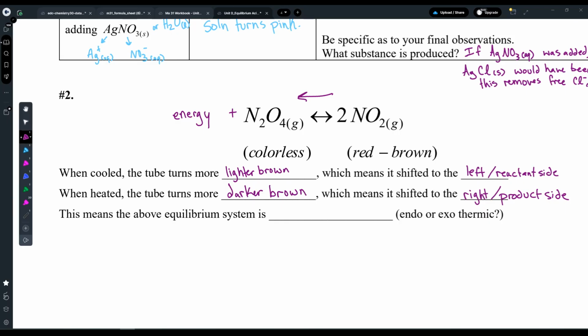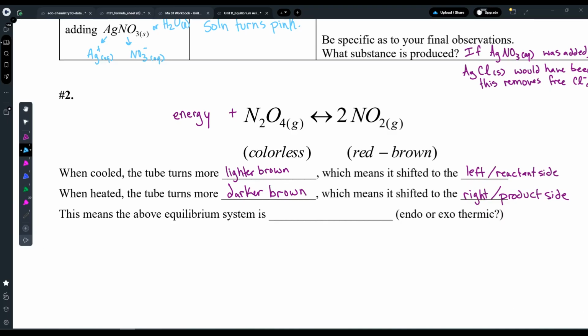Alternatively, you could look at the evidence that we collected for when the tube was heated. When heated, the tube got a darker brown, so it shifted to the right. Remember, when you add, the equilibrium shifts away from what you added. So when we increase the amount of energy, it makes more sense for energy to be a reactant, because when you heated it up, it shifted to the product side.